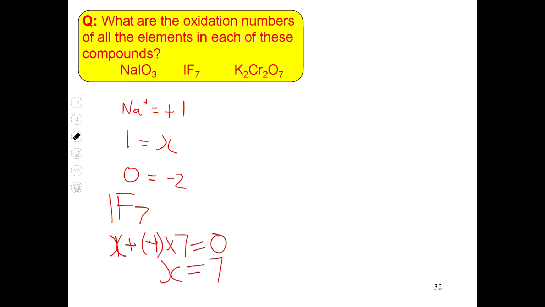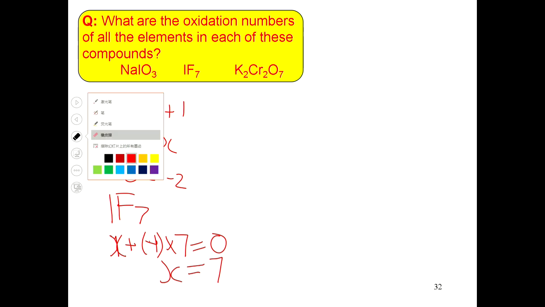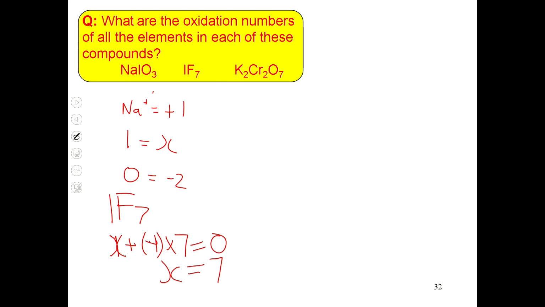Okay, oxygen is minus 2, yes. Right. Then sodium, plus 1, right? It's a 1A group. Yes. Then chlorine we don't know.